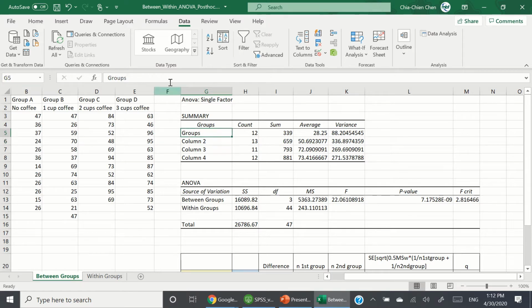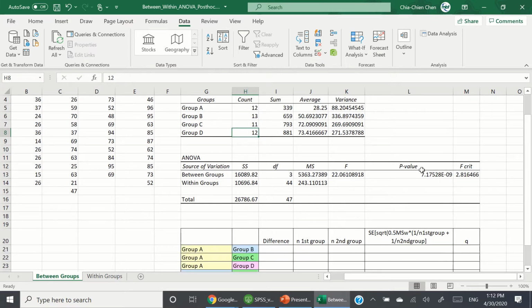Okay, so group A, group B, group C, and group D. So this is for us to have a better idea what they would be. Okay, so this is going to tell you the average and the variance and all that. And now SEM you're going to have to calculate by yourself.